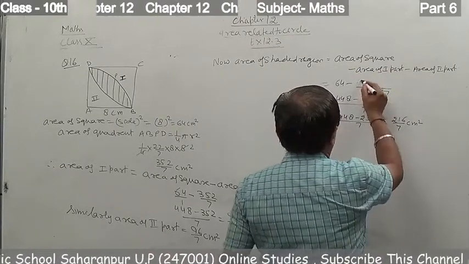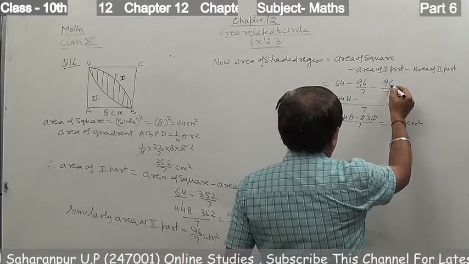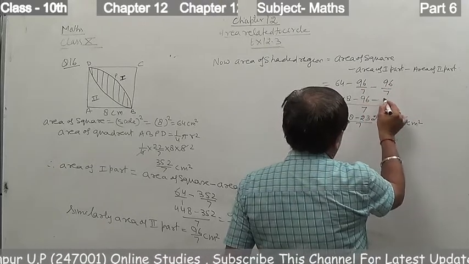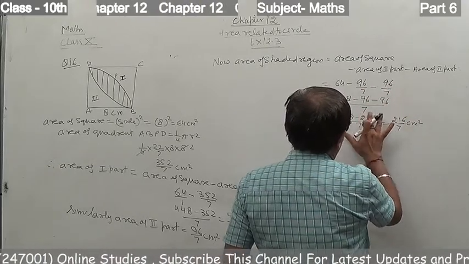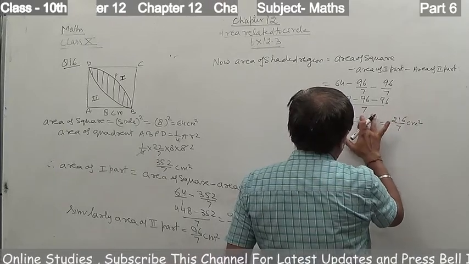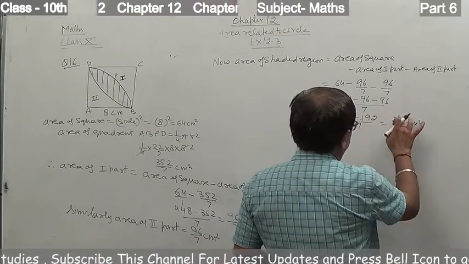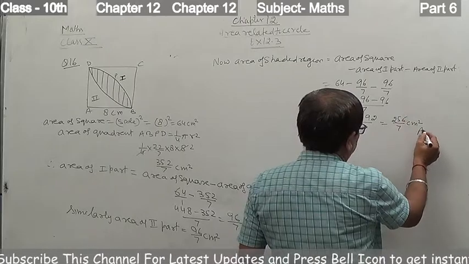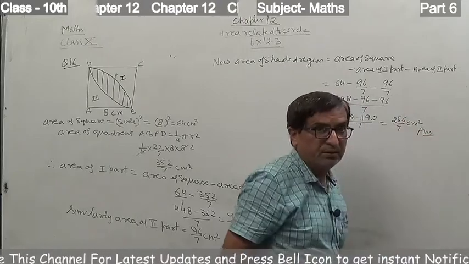This is 96 upon 7. It will be 192 and here is 256 upon 7 centimeter square.